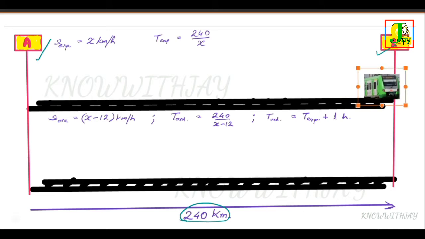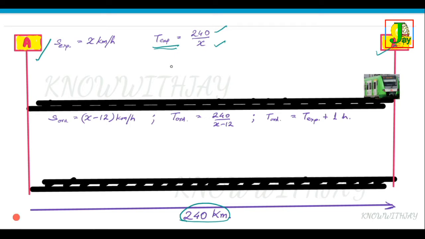The train has reached its destination at P, covering 240 kilometers with x kilometers per hour speed. So the total time taken by the express train is total distance divided by the speed, that's 240 by x. This is the time taken by the express train.